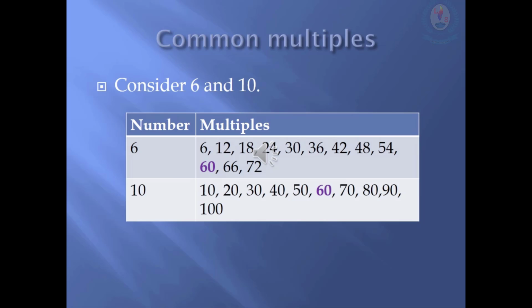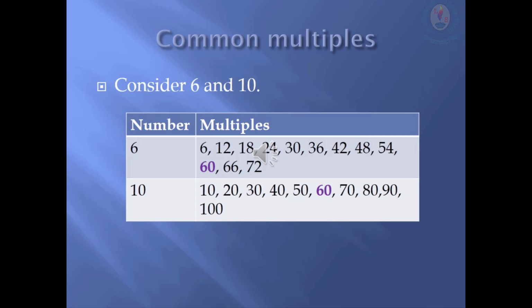Consider 6 and 10. We are going to find a common multiple for 6 and 10. To find common multiples, first we should write all the multiples of the numbers. Not all the numbers, enough multiples we should write.